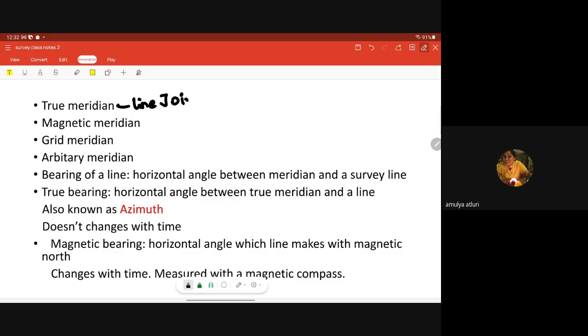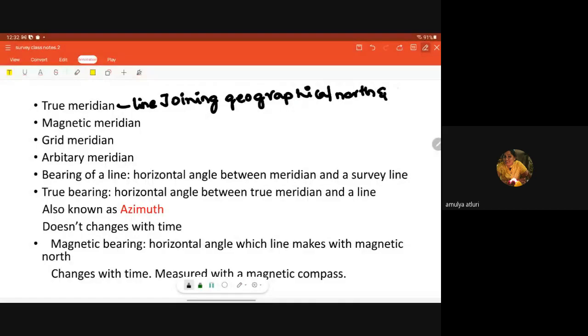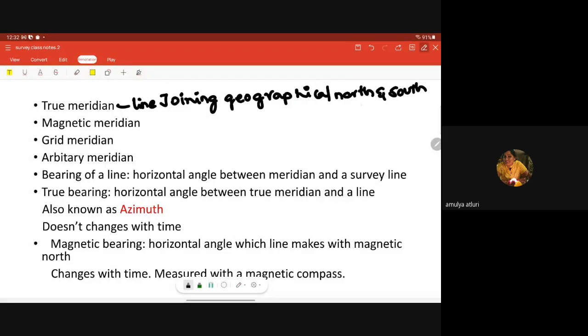The line joining the geographical north and south pole of the Earth is called true meridian. Okay.